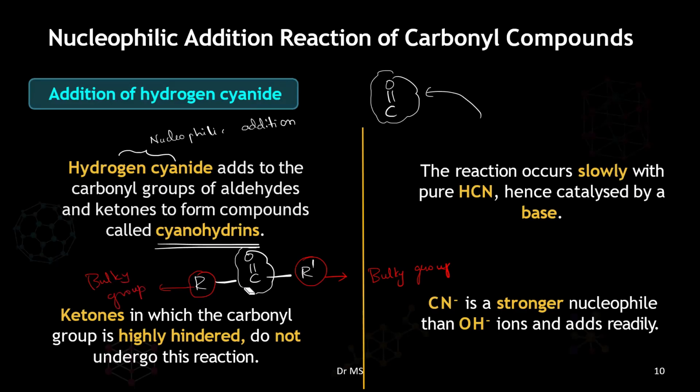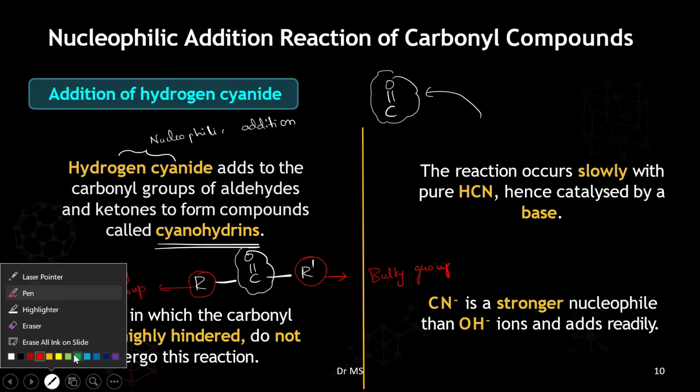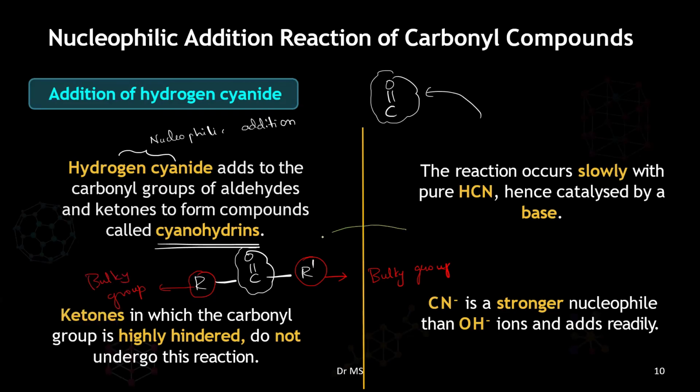Because of these bulky groups, it is highly hindered. Whenever a nucleophile tries to attack this carbon, it becomes very difficult because it is surrounded by these bulky groups. So it is nearly impossible for the nucleophile to approach the ketones.